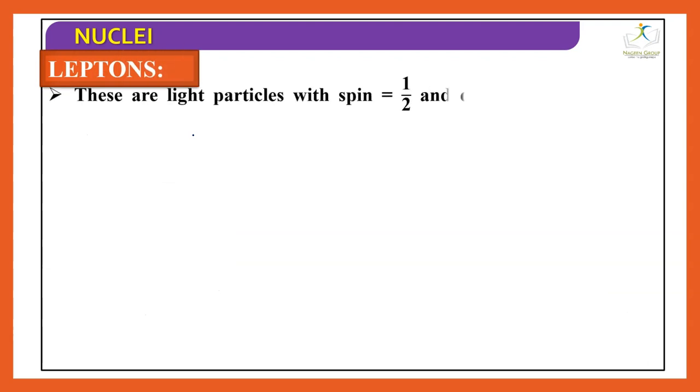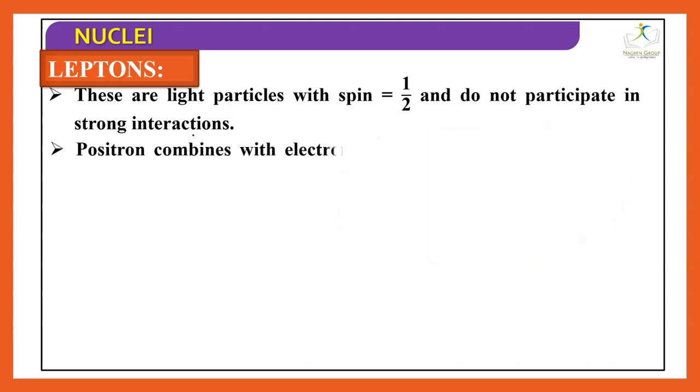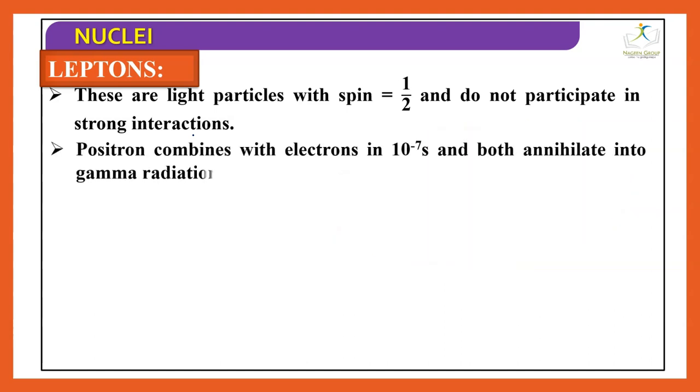Leptons are light particles with spin half, and they do not participate in strong interaction. The positron is the first antiparticle, predicted by Dirac and discovered by Anderson. A positron combines with an electron and both annihilate into gamma radiation.